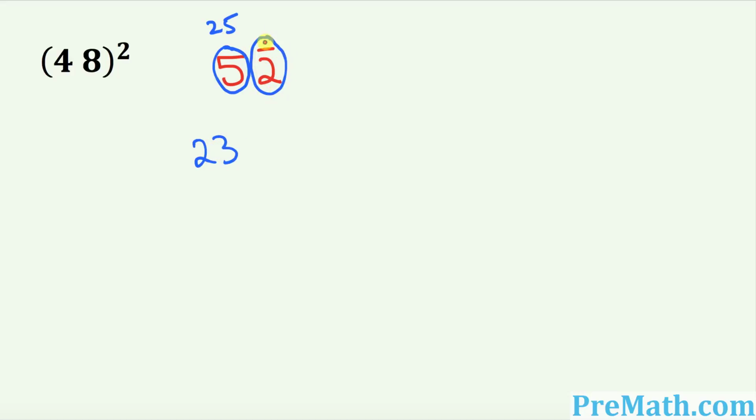Now the square of 2 is 4, but we need 2 digits after that, so 4 could be written as 04. So our complete answer turns out to be 2304.